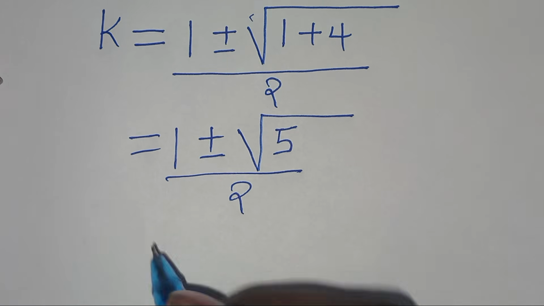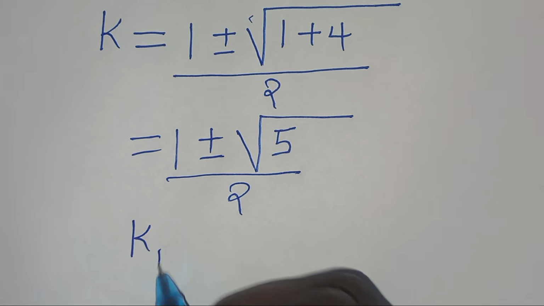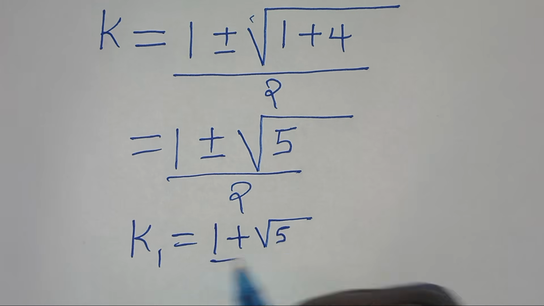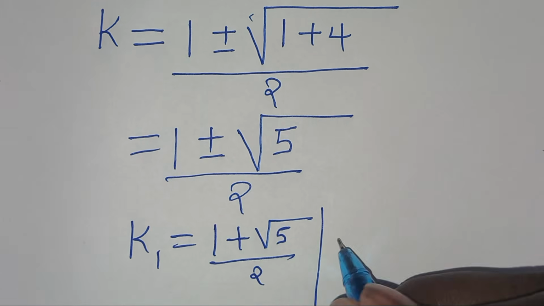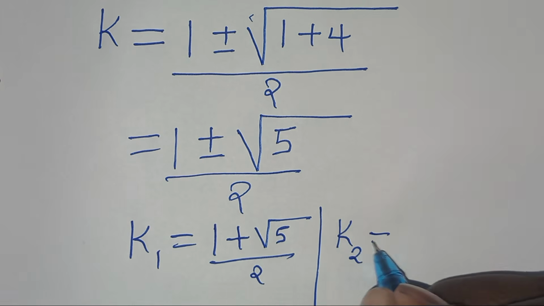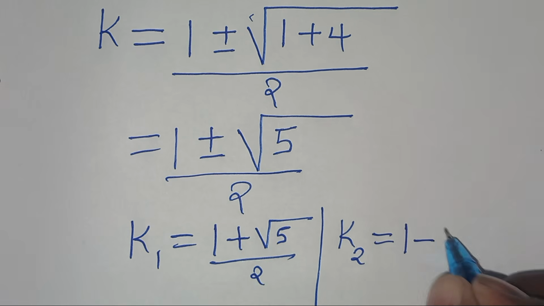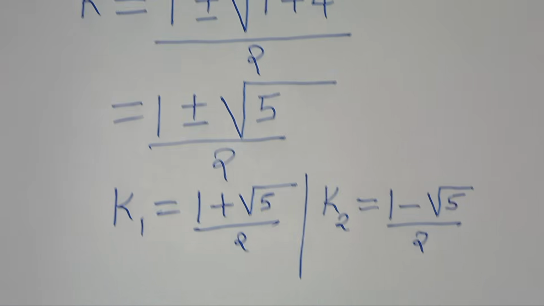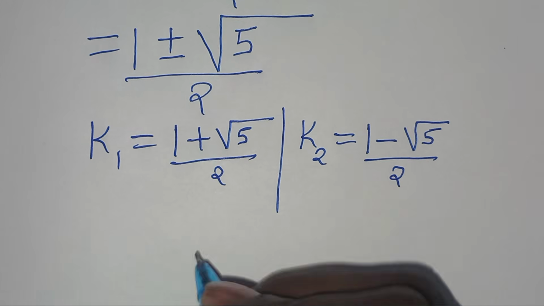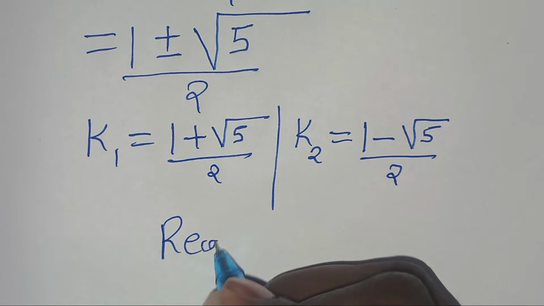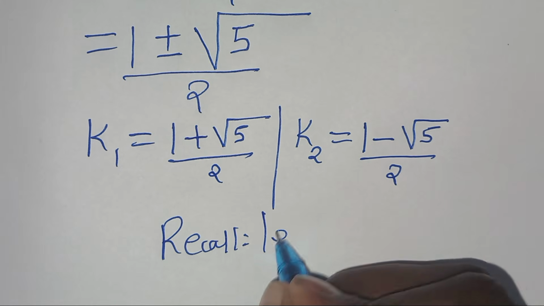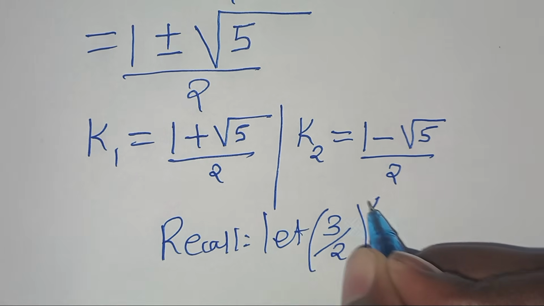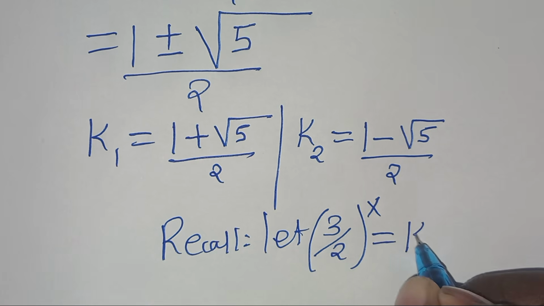Now we have two possible values of k. We have k1 is equal to (1 + √5)/2, and we have k2 equal to (1 − √5)/2. Now, if you recall, we let (3/2)^x be equal to k.